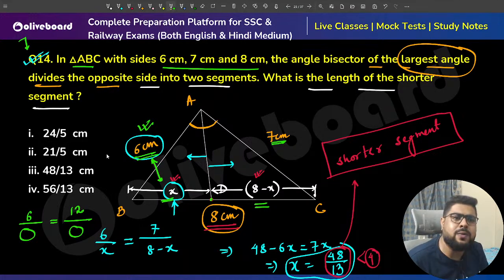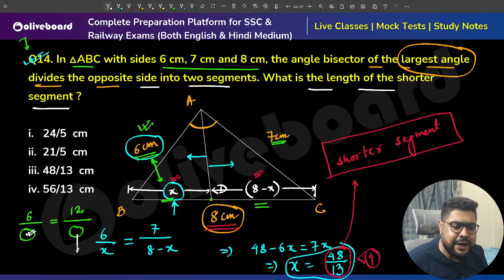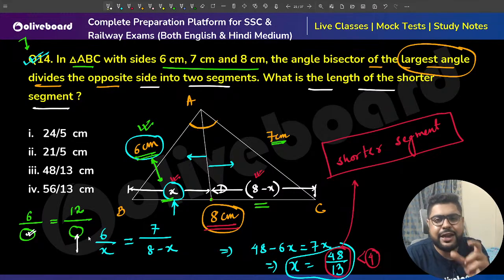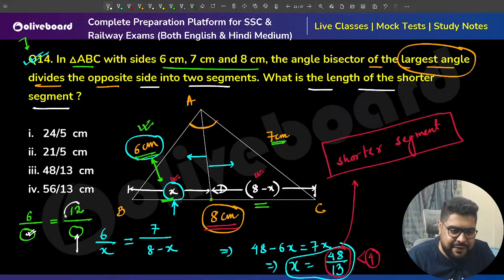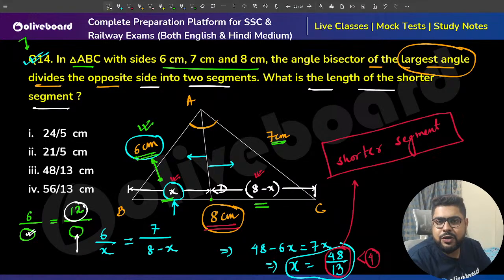If both are equal, the denominator will always be double, because 12 is twice 6.